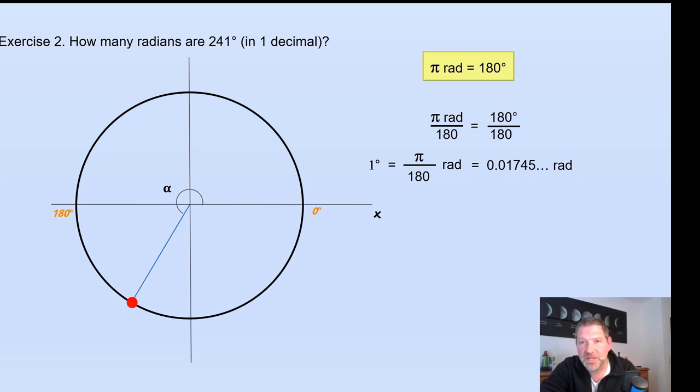If you put this in your calculator, you would get 0.01745 and so on radians. Now we need to know how many radians are 241 degrees. Then we simply multiply this number by 241, and then we would get 4.2 radians.